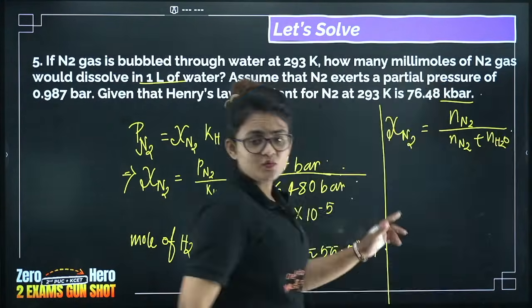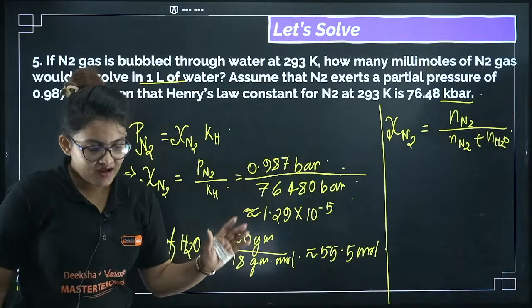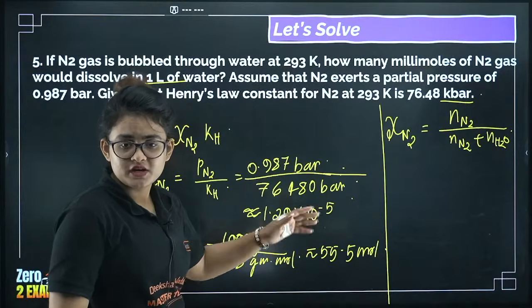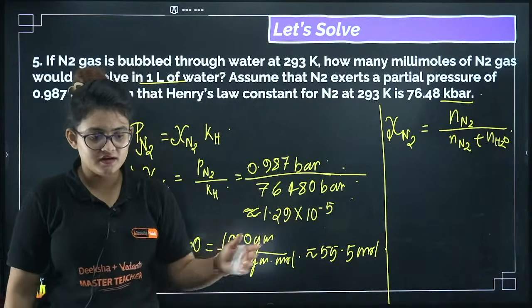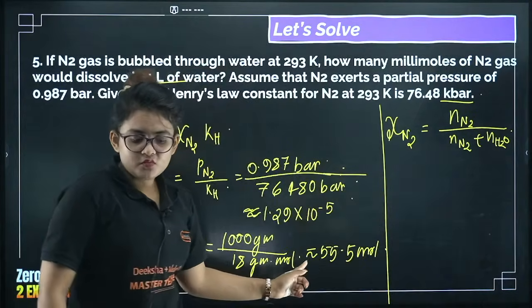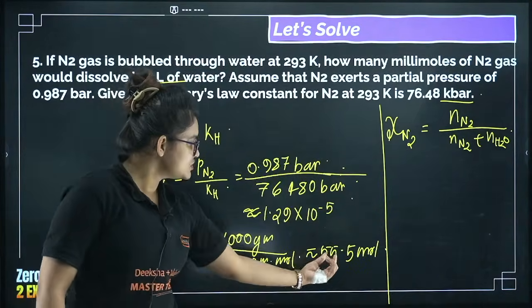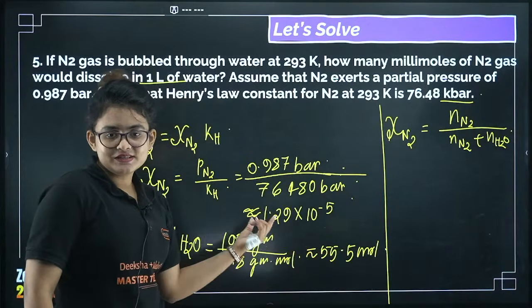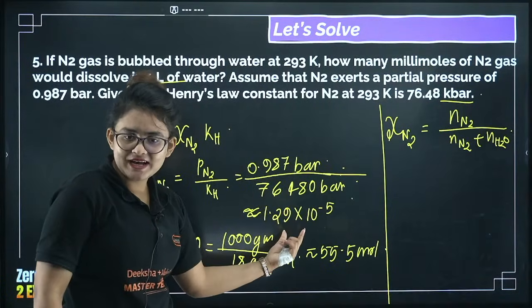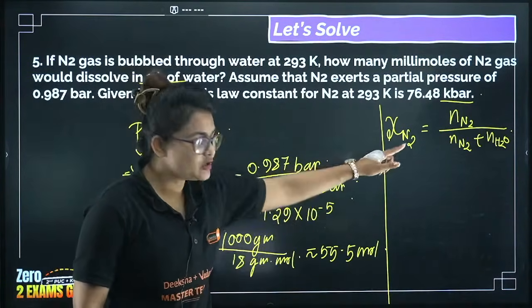So here one thing I wanted to tell you, whenever a gas is about to get dissolved in water, the number of moles of water is so much more than the number of moles of N2, right? So we can almost neglect this term in the denominator.